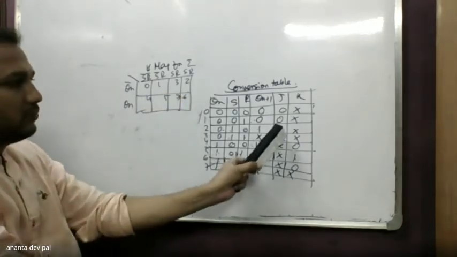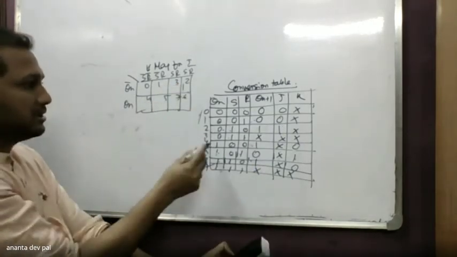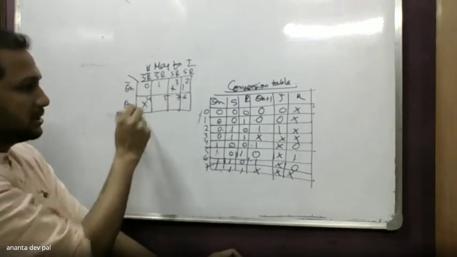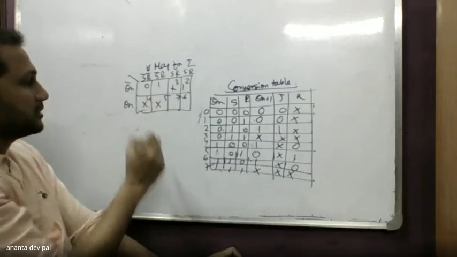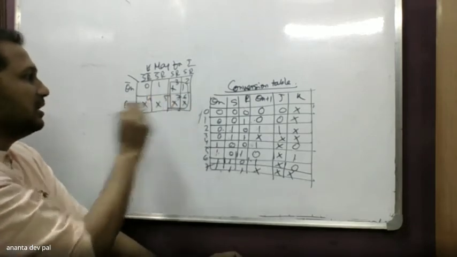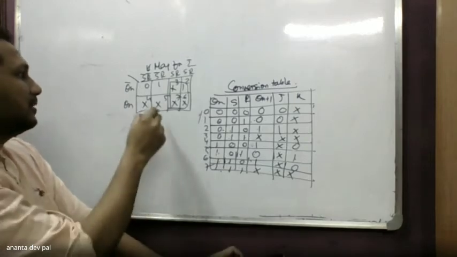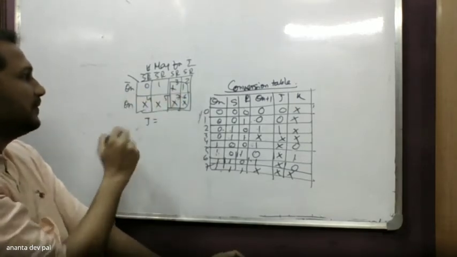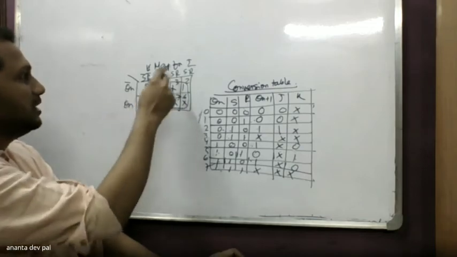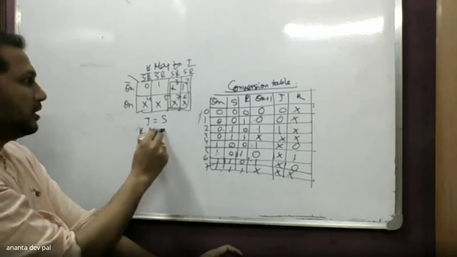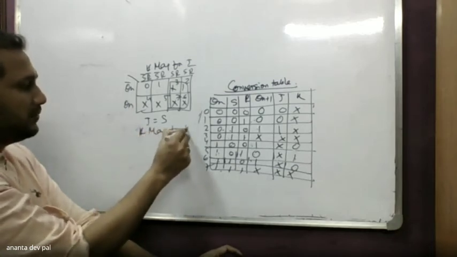The positions are filled with 1 and cross values, and this is the grouping. In J the grouping has only one common variable, so J equal to S.